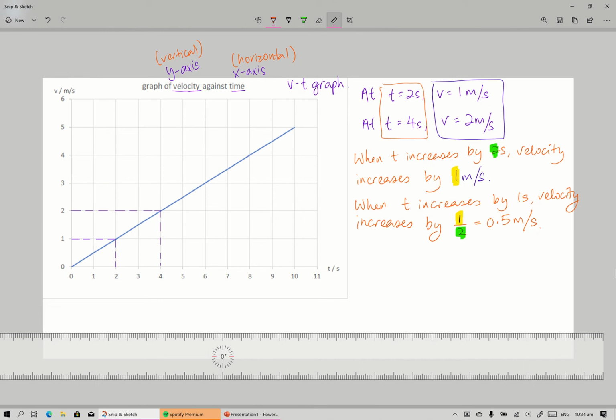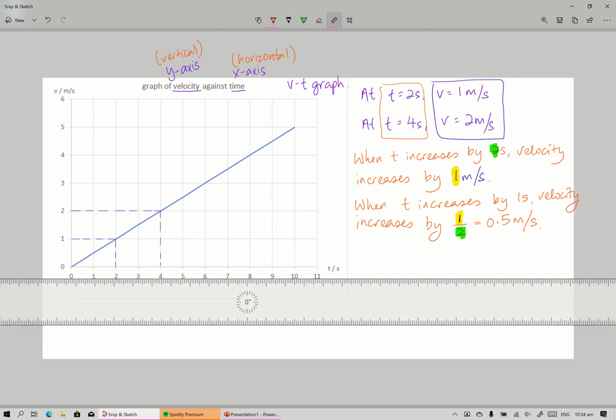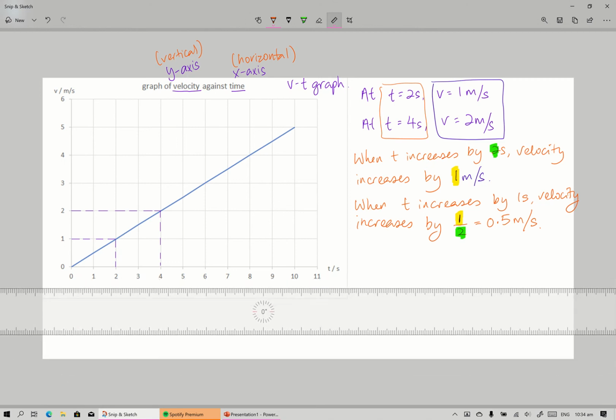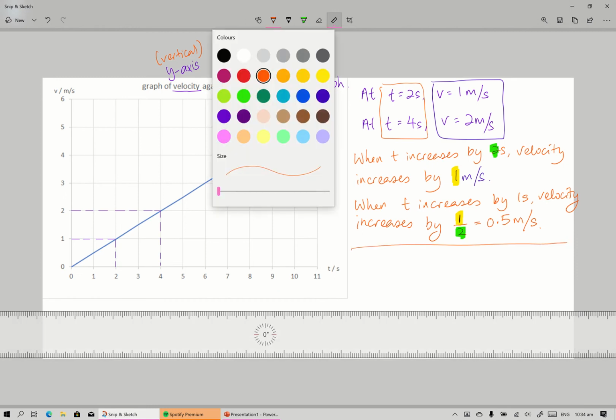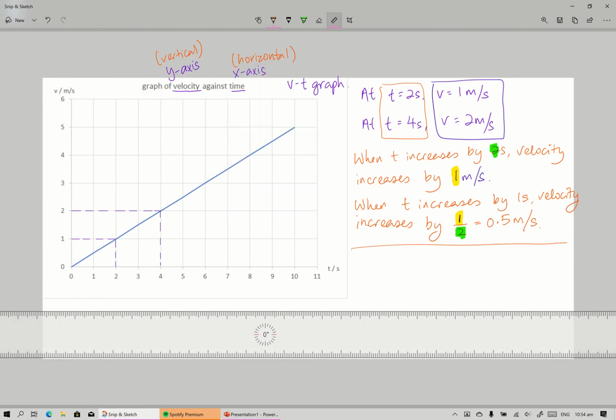Okay. So using this graph that's shown here, we first identify two sets of coordinates. I'm not going to use the coordinates above, so I'm just going to find new coordinates. Right, so the first set of coordinates I'm going to use is this. Time equals 2 seconds, velocity equals 1 meter per second.